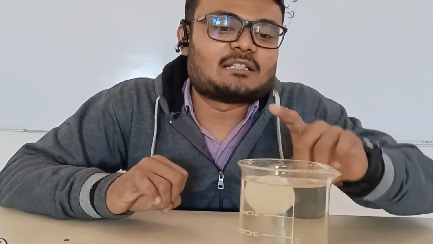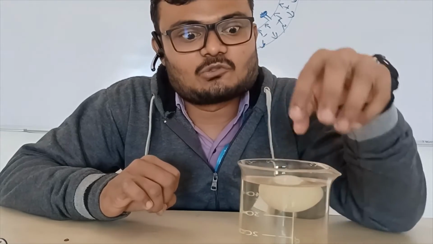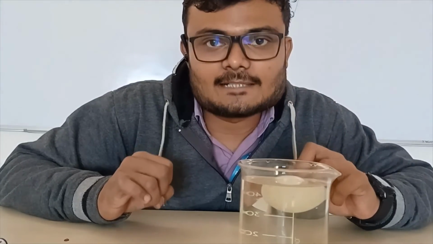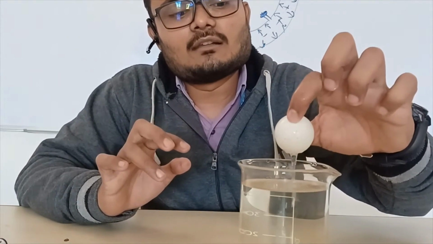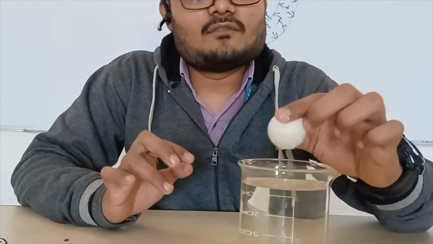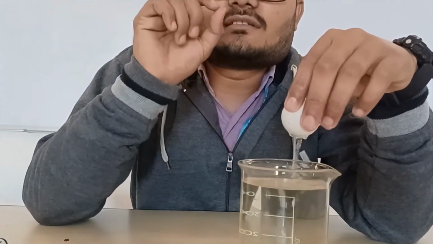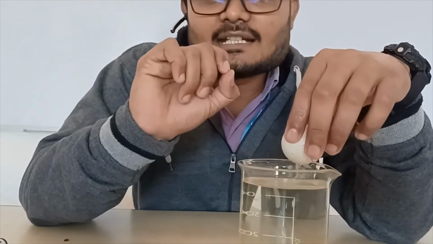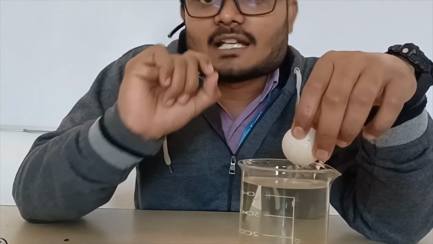The density of water is greater than the density of the plastic used to make this ball. So if we want to make this ball sink into the water, we have to fill it with a material that has more density than water.